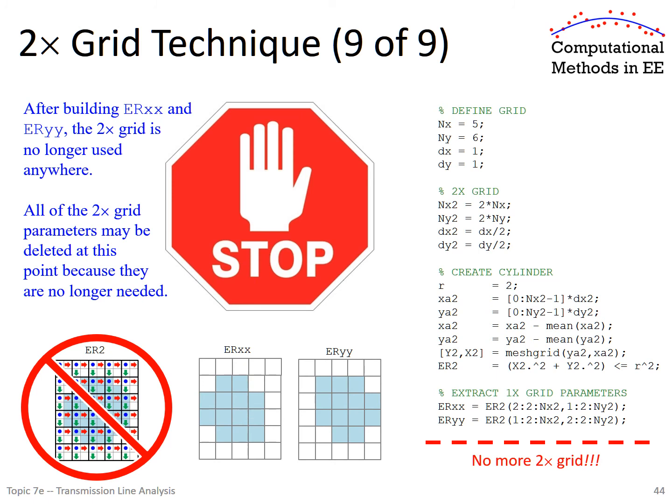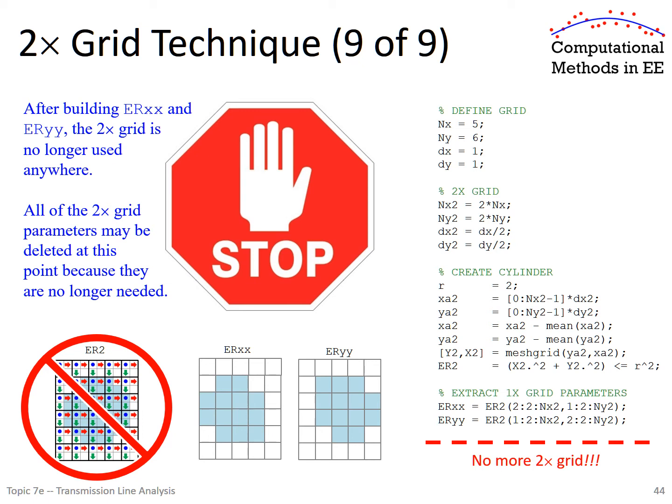So the code on the right is everything we had to do to build our epsilon xx and epsilon yy arrays using the 2x grid technique. Now it is a hugely common mistake for students to apply the 2x grid to other parts of the code. That is only a trick that we used to build the ERXX and ERYY arrays, which are back on our standard 1x grid.